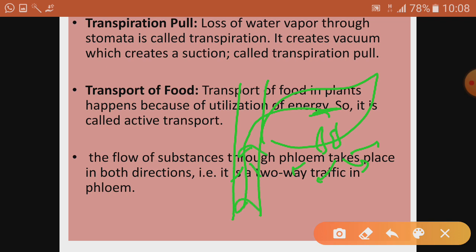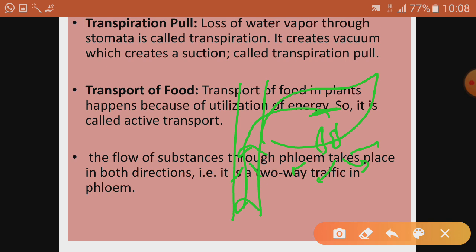This pull, created by the suction, which was in turn created by the transpiration, is known as transpiration pull.